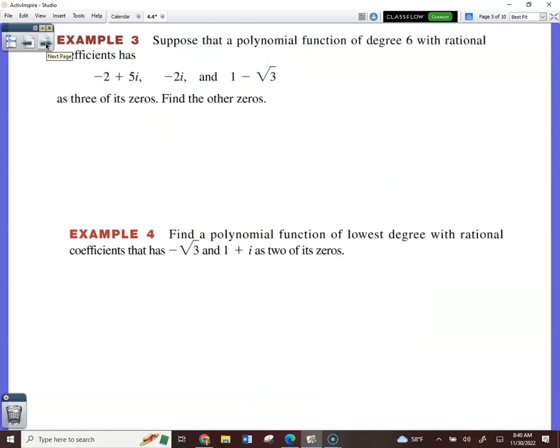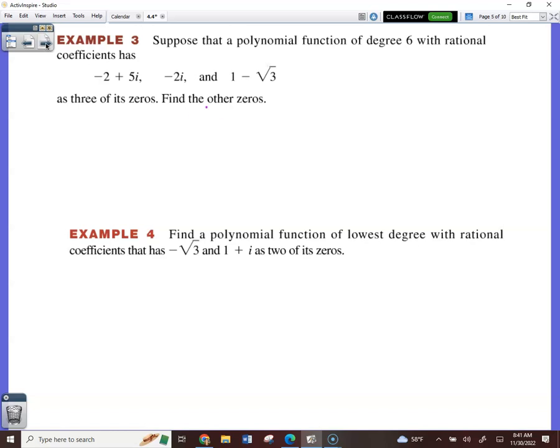Which goes to this question right here. Make sure you're reading the question to know when you actually have to multiply or when they just want an answer. Like, tell me the other zeros. Look at example 3. Suppose a polynomial function of degree 6 with rational coefficients has these as its zeros.